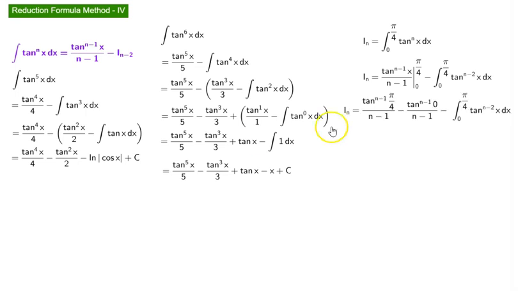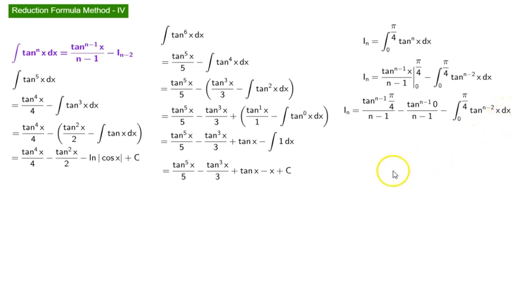Now let's apply the limits. We get tan to the power of n minus 1 of pi by 4 by n minus 1 minus tan to the power of n minus 1 of 0 by n minus 1 minus the integral 0 to pi by 4 of tan to the power of n minus 2 x dx.